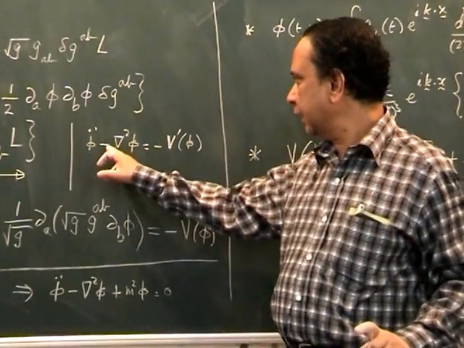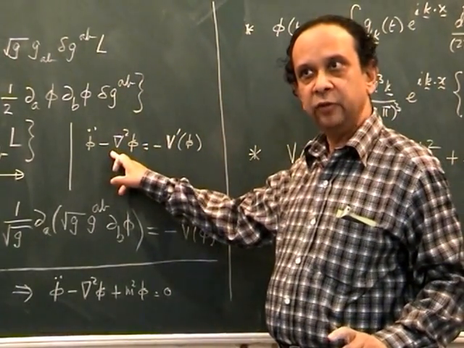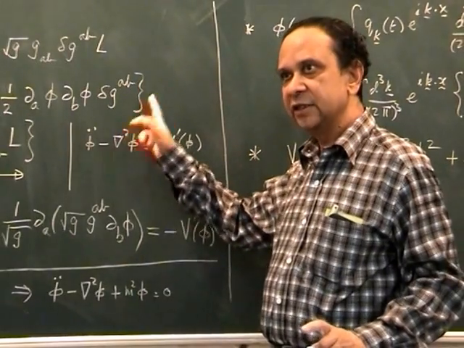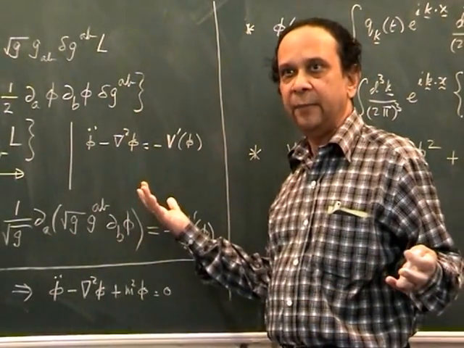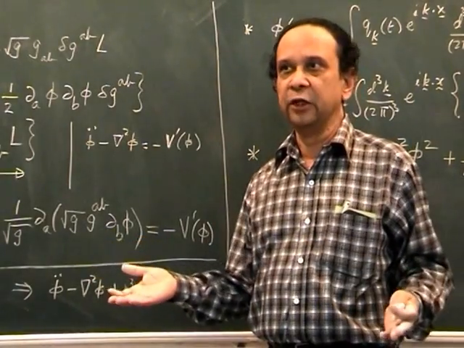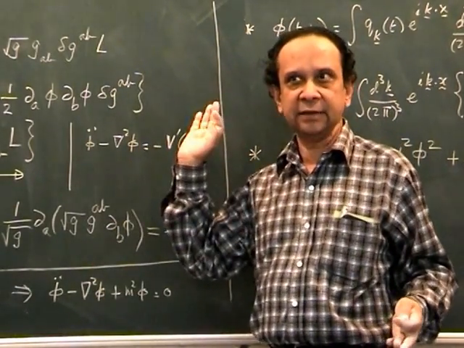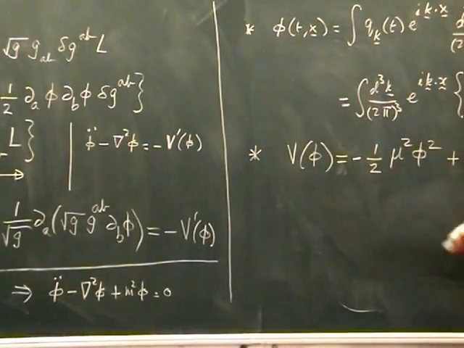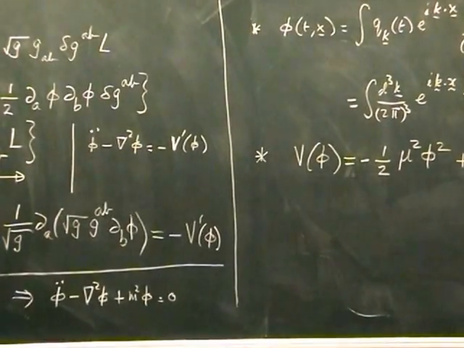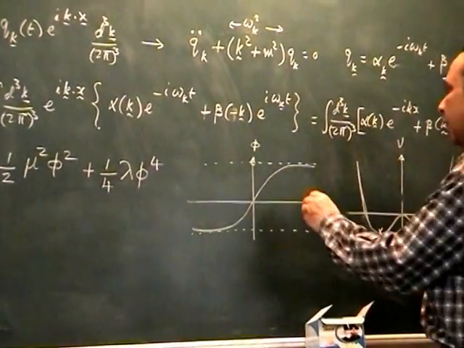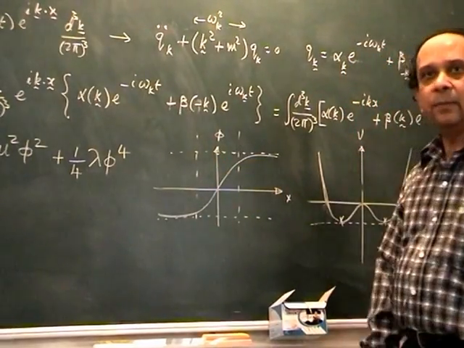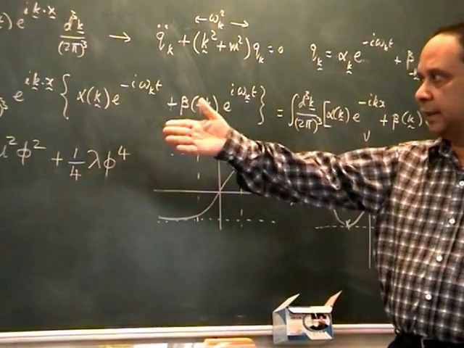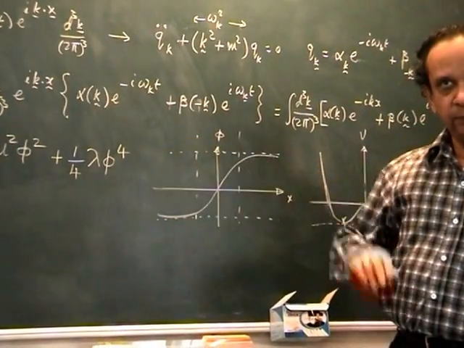And if it is static, only this del square is going to contribute, and there is one dimension, so it is d square phi by dx square, and then on the right hand side you have a phi dependent V. So the problem is reduced to quadrature, it is classical mechanics. And in the particular case, you can actually integrate it and you can get a solution like this. It will vary over some length scale L, which is determined by the two parameters in the problem.